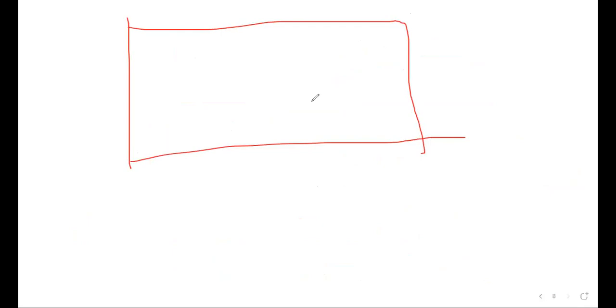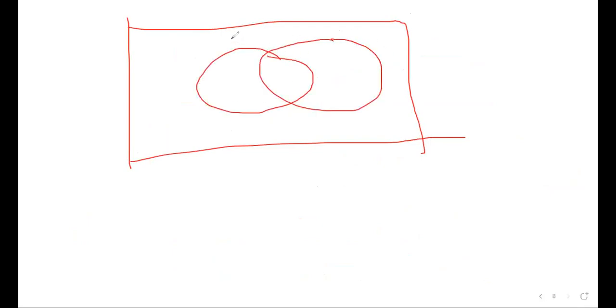So when you come to the Venn diagram, under A and B, the intersection here is 0.1. Then probability of A is what?